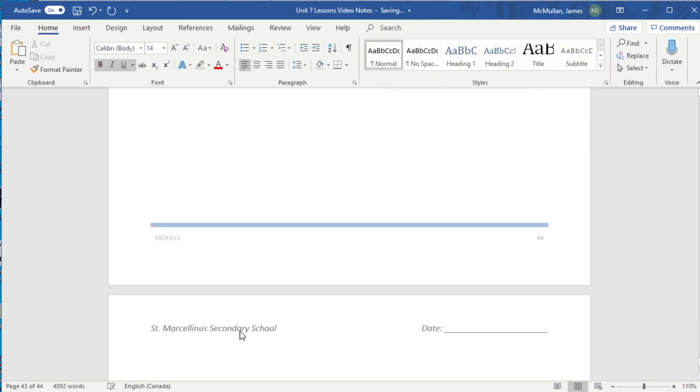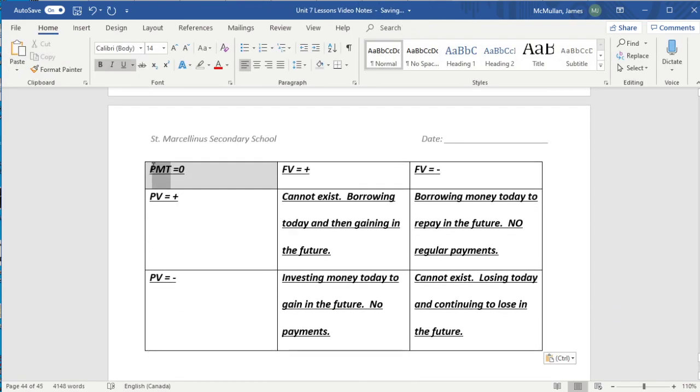Let's try another one. What if FV is 0? Okay, so PV could be positive or negative. PMT could be positive or negative. Okay, PV is positive means you borrowed money today.